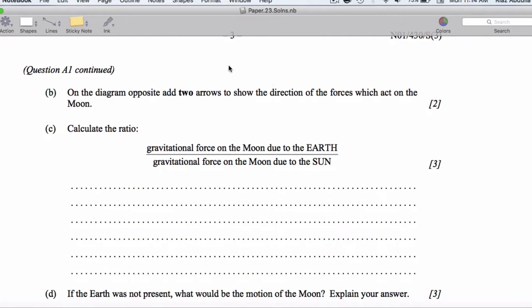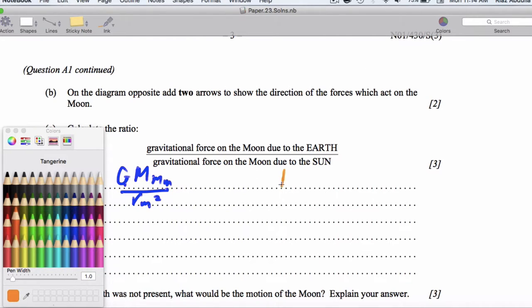Calculate the Earth force versus the sun force on the moon. So Fg of Earth is going to be G, mass of the Earth, mass of the moon, over the Earth-Moon radius squared. And let's compare that to the sun force.